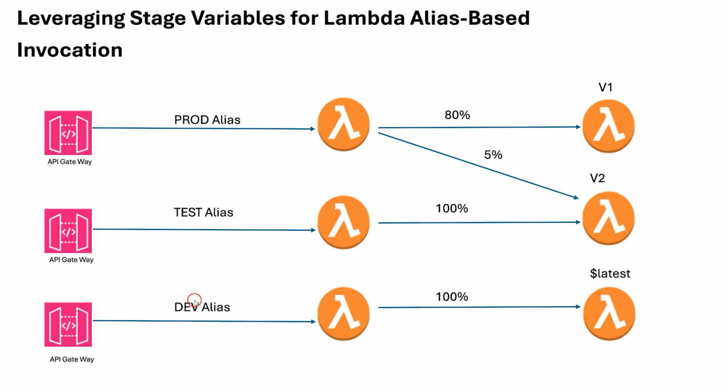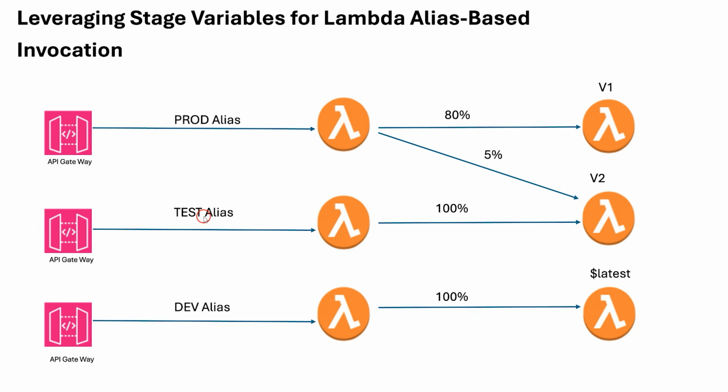It has to use the dev alias. This Lambda backend in turn calls one more Lambda function, and it calls its latest version, that is $LATEST, because it is the dev alias. And here we are saying we can route requests from this backend to this latest code 100%. So all the requests will go to this backend.